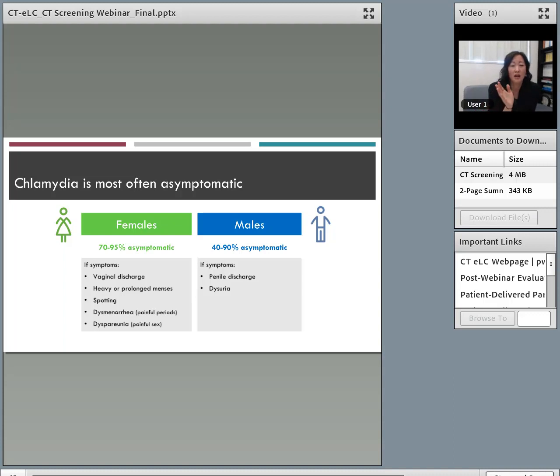There are studies that actually show that a majority of men didn't have symptoms and actually had chlamydia. So it's certainly possible, and I think a good way to think about it is that men are more likely to show symptoms, but they're certainly not guaranteed to show symptoms, and men can certainly present with chlamydia and not have any symptoms at all. So if they're going to have symptoms, they're pretty obvious. They have burning when they go to the bathroom. They also have discharge from the penis.